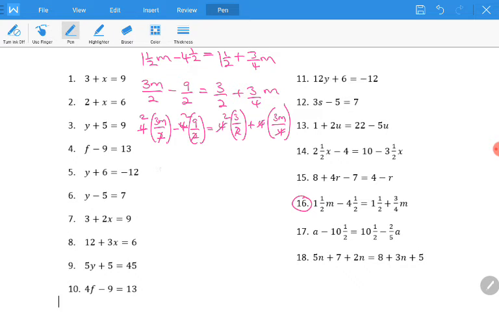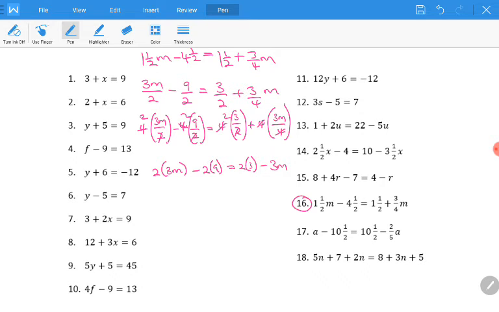So our expression becomes 2 bracket 3m minus 2 times 9 is equals to 2 times 3 minus 3m.